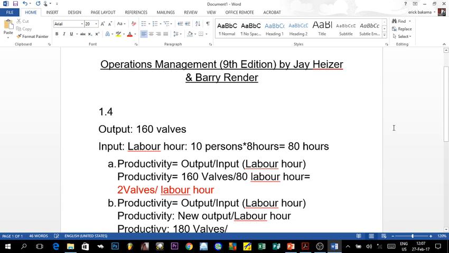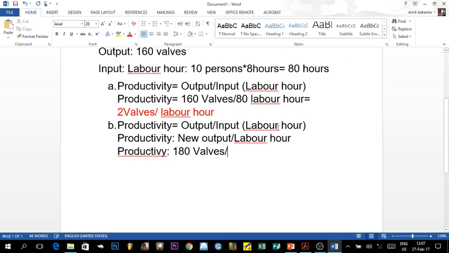Then we divide by the labor hour, which didn't change, because the number of people and the shift didn't change, it is still 80. Now we divide 180 by 80, and the answer that we get is 2.25 valves per labor hour. This is the productivity that we get for our second value.